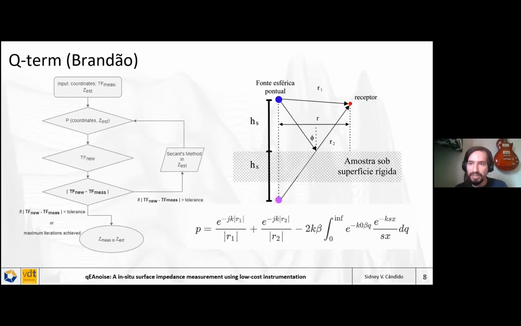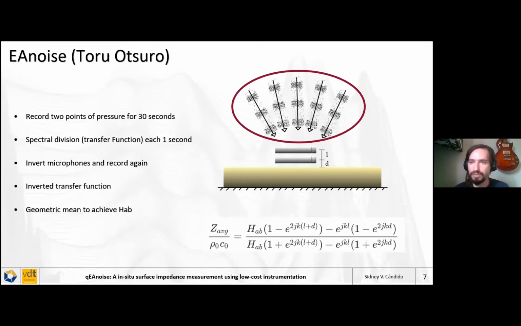If they are similar, then the surface impedance initially put here will be the measured surface impedance. This initial estimate can be calculated using some plane wave assumption, the PWA. What I use is the EAnoise.